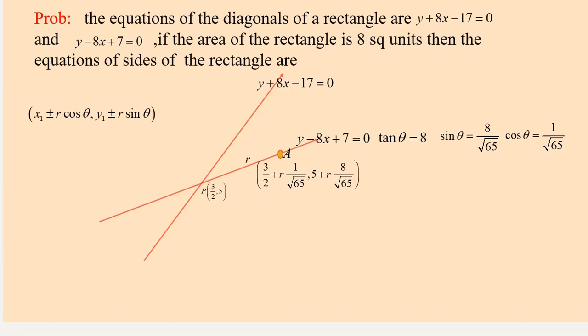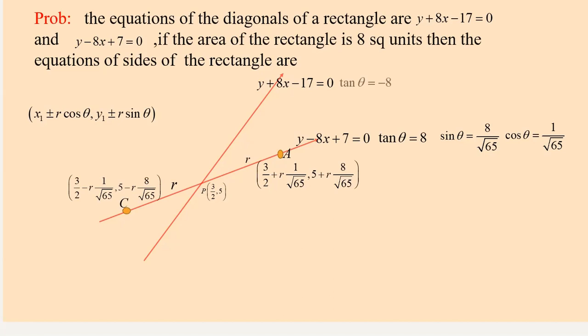So A coordinates are (3/2 plus r by root 65, 5 plus 8r by root 65). Similarly, on the other side of the point P, with the same distance r, with the same sin theta and cos theta, because it is on the same straight line, C coordinates will be 3/2 minus r cos theta, 5 minus r sin theta.